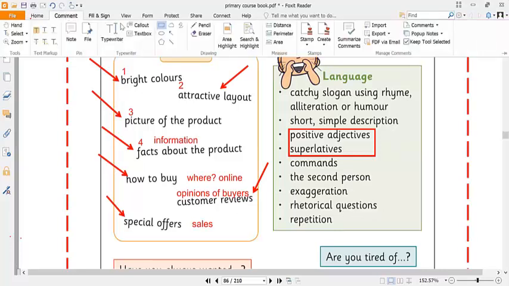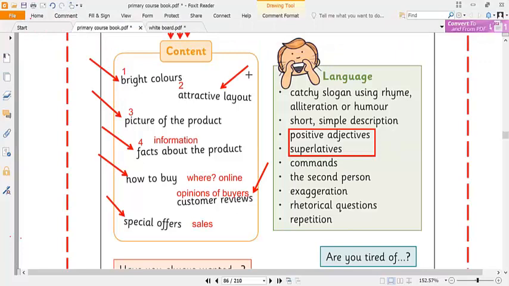So the new language that you may use is eye-catchy slogans, like what you make for your advert, what makes it clear and unique, like using rhyme.